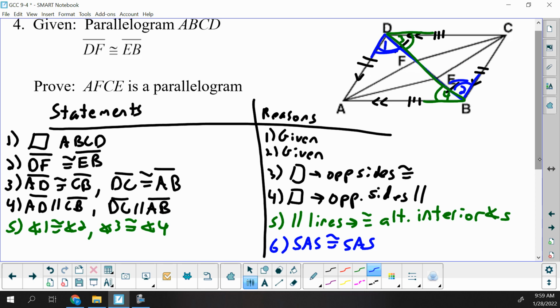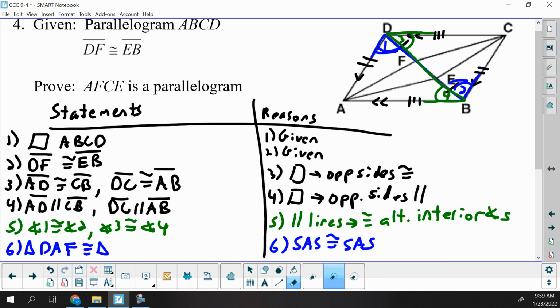So let's see, our left-hand triangle, we could call triangle DAF, congruent to triangle. So D in that triangle was our alternate interior. That should match with B. A was kind of towards the outside, so that should match with C, and then E comes in. So that's one set of triangles.